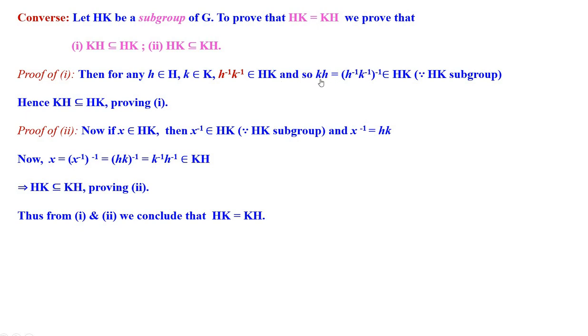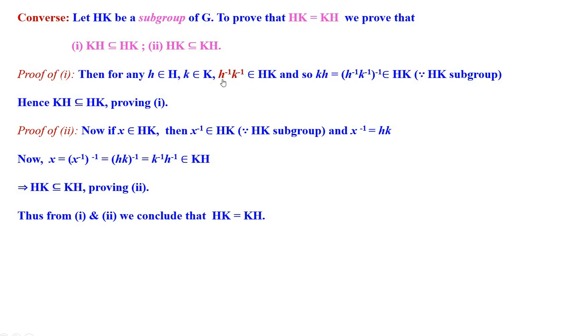So when we consider KH, we know that it can be rewritten this way: H inverse K inverse the whole inverse. And this H inverse K inverse the whole inverse belongs to HK because HK is a group. Here we have said that this is in HK. This part has to be remembered.